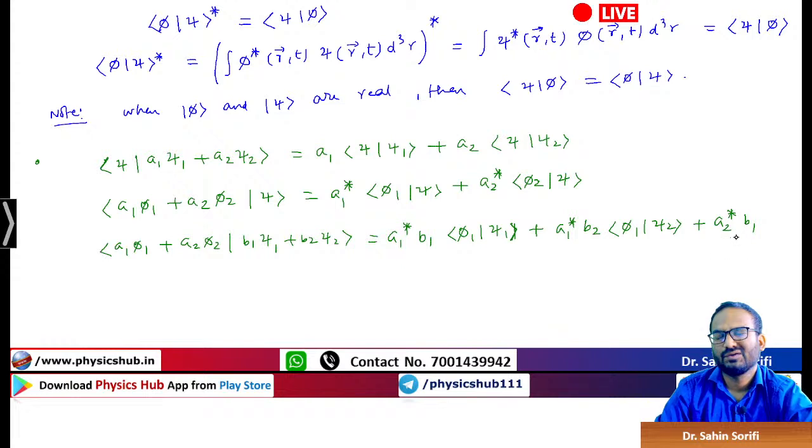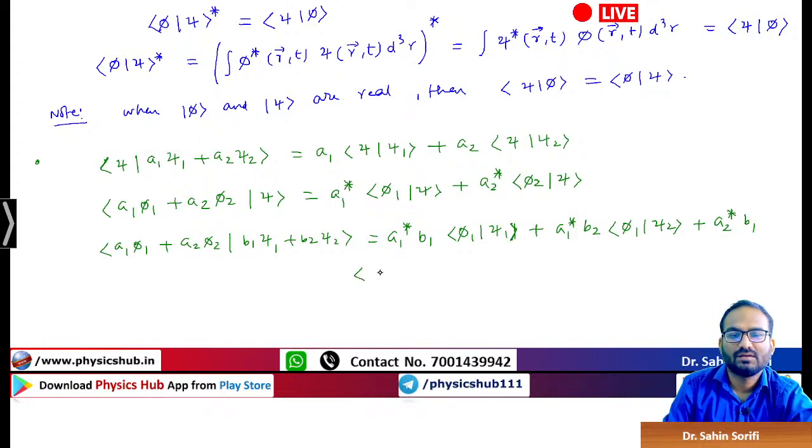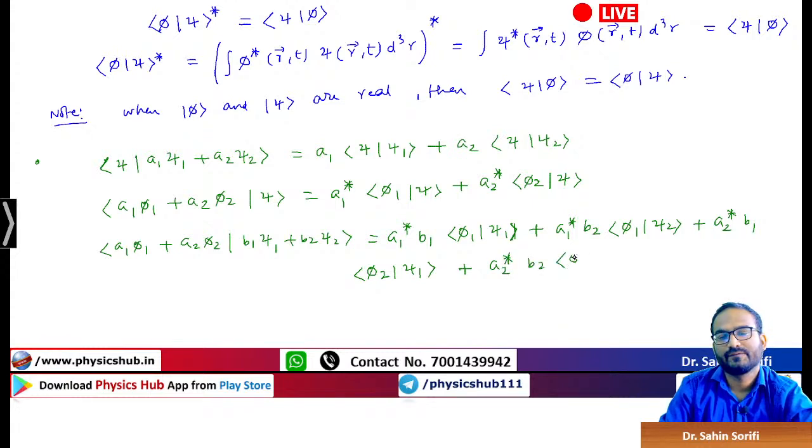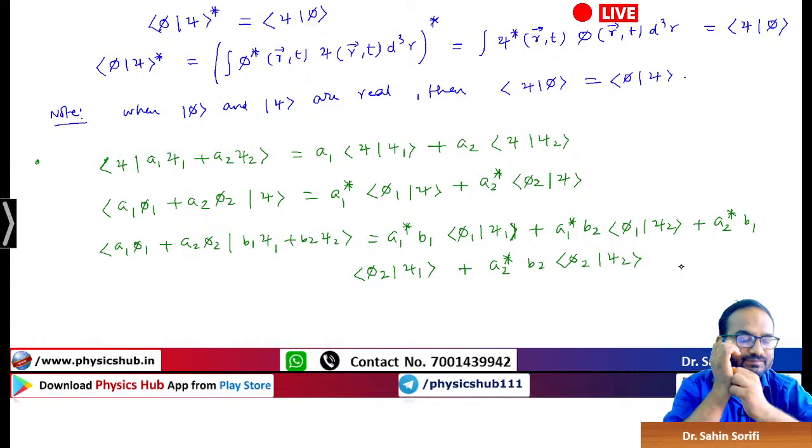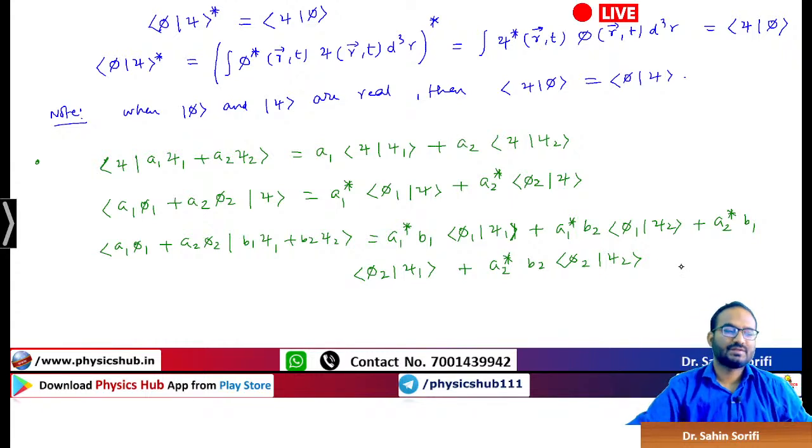You can see we are taking the complex conjugate only for those terms which are coming out of the bra. And the last term will be A2 star B2 phi 2 psi 2. I hope this is clear.